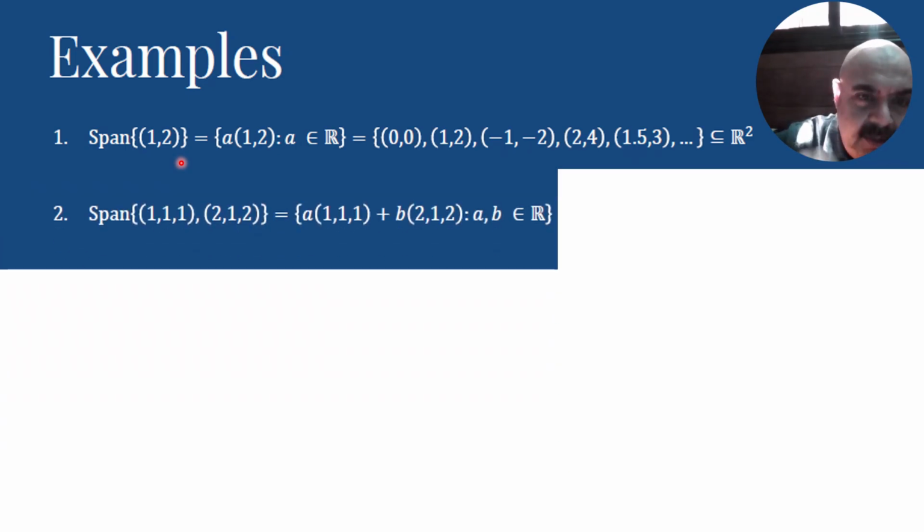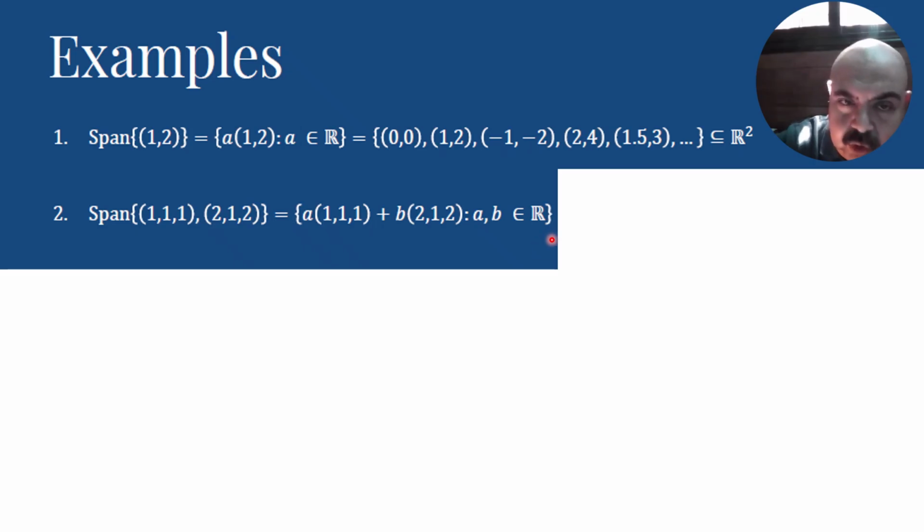In a similar manner, the span of the vectors or the coordinates in 3D, which has two vectors, 1, 1, 1 and 2, 1, 2, can be considered as generators of a certain vector space just by changing the scalar that is multiplied by 1, 1, 1 and by 2, 1, 2.